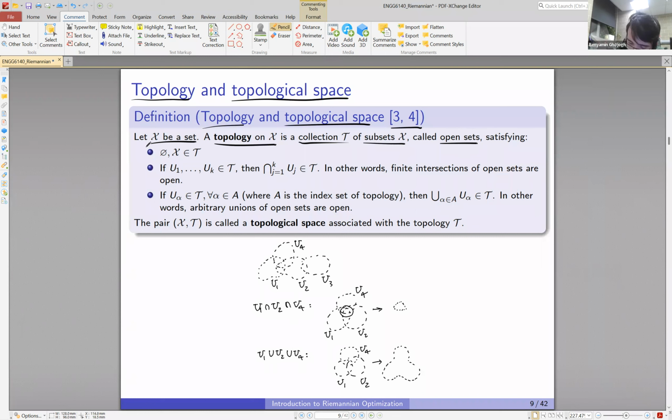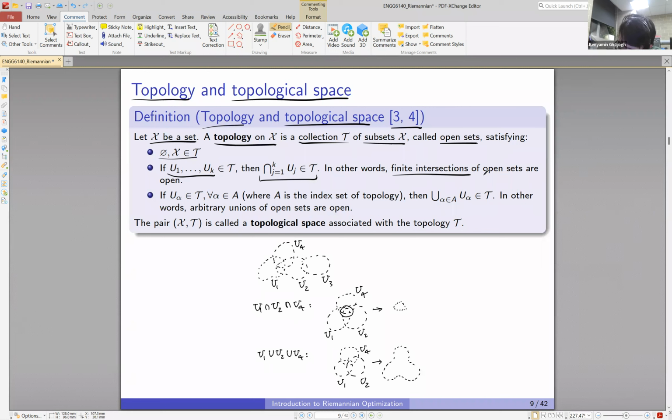So-called open sets satisfy these three things. First off, the empty set and the whole set X belong to this collection T. Also, if K open sets belong to the collection T, then their intersection also belongs to this collection T. In other words, finite intersections, K is finite, right?